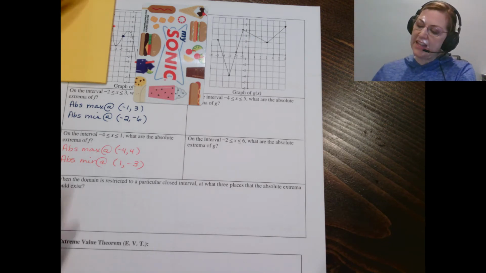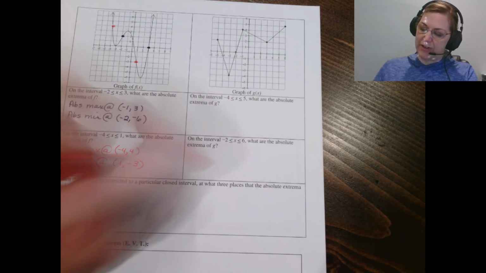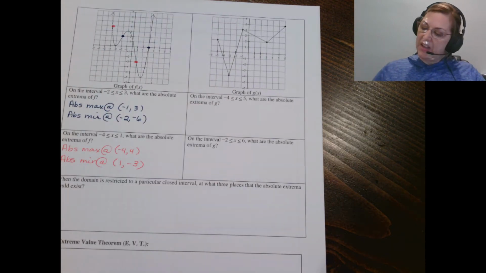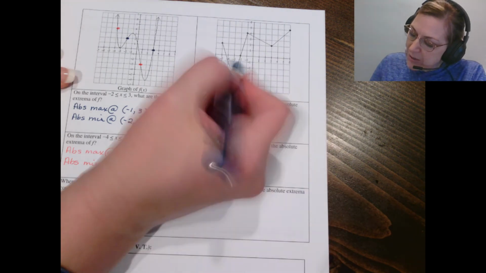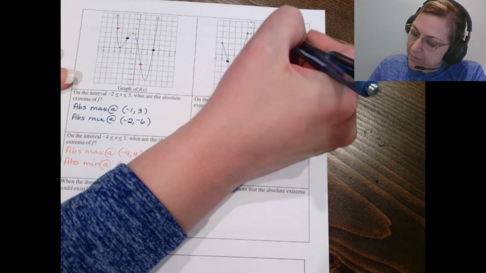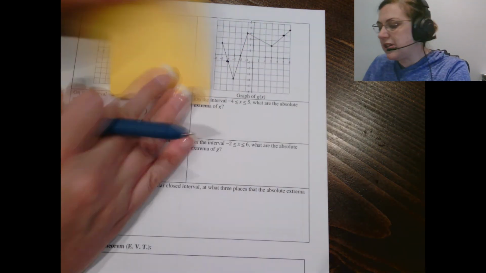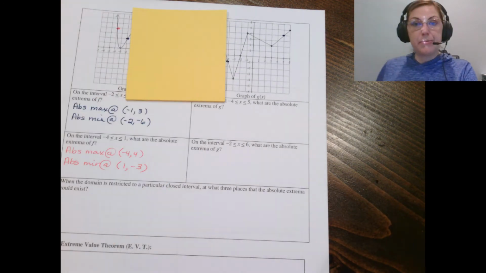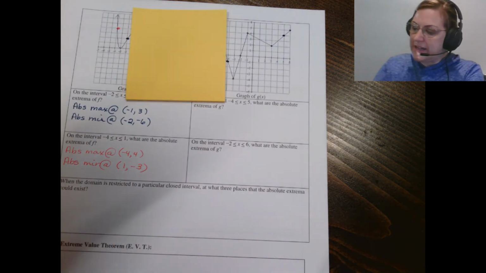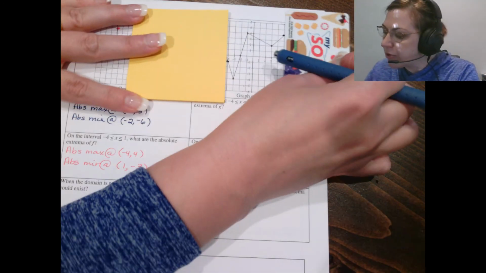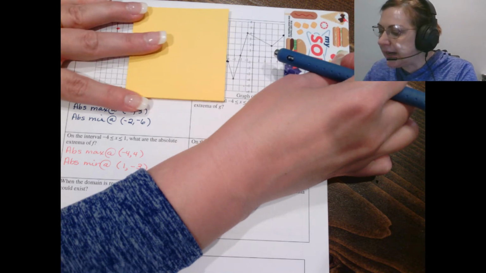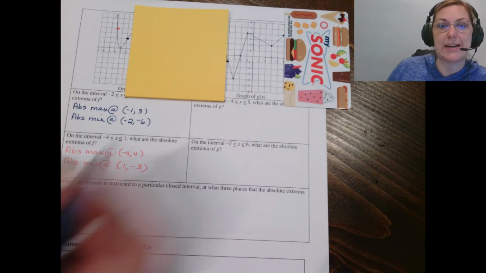Okay, and then let's go ahead and do g of x over here. On the interval from -4 to 5, so let's mark those points, -4 to +5. Okay, if you want to use some things to kind of block out the view so you only see the portion of the graph that you need to see, I think that's good practice.